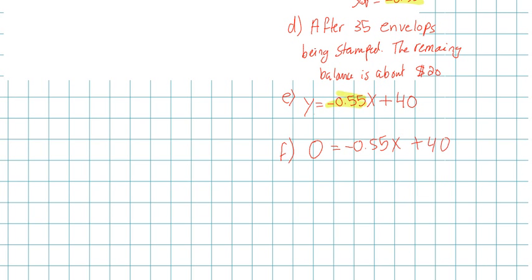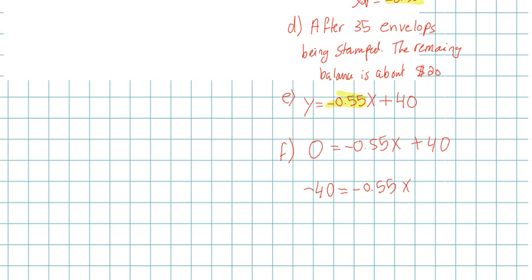What do I do? So bring the 40 over, what does it become? Can you not do 0 equals? No, you can't. You have to isolate for x.